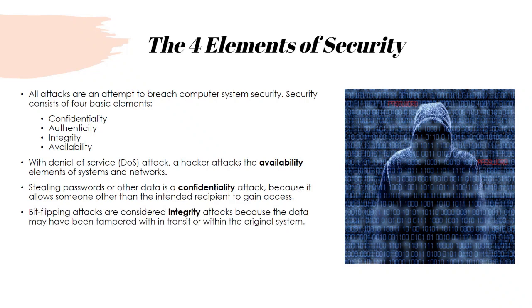The next one we have is bit flipping, for example. These types of attacks are considered integrity attacks because the data may have been tampered with in transit or within the original system. Let's say somebody's using some sort of digital signature software and they send some important document to another recipient.